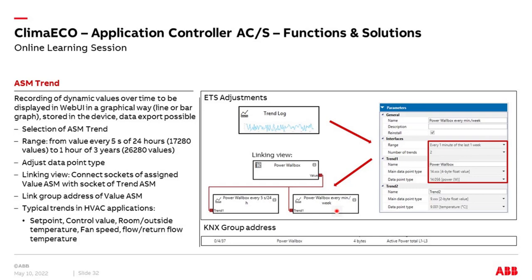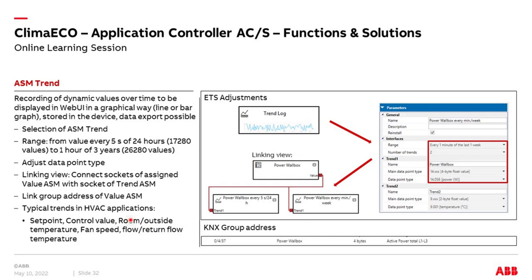And this again, any metering value, maybe it's coming from the energy actuator, from the energy module, whatever you have, even from switch actuators nowadays possible. And then I link it here internally, the linking view, and then the values are continuously available in the ASM trend to be recorded and to be shown in the web user interface, and if you want, you can export the values, as mentioned.